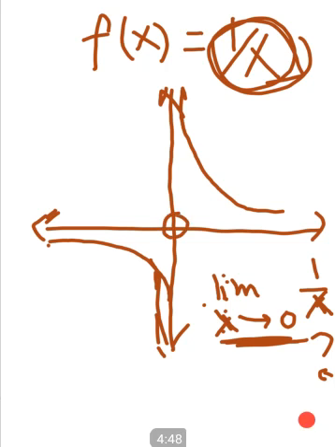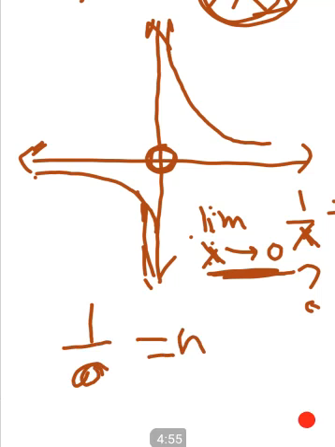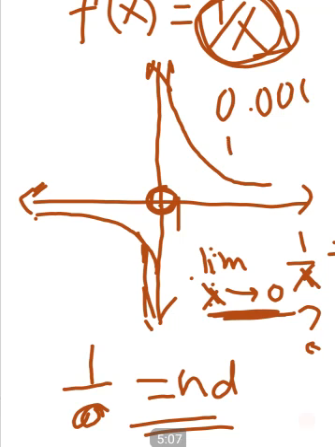Now at x equal to 0, this function is not defined, as 1 by 0 is not defined. So our x is not equal to 0, but it's just as close to 0 as it can be. Say it is 0.001 or 0.0001.